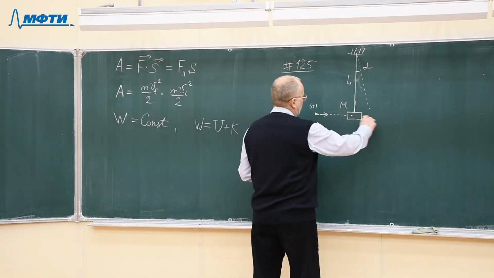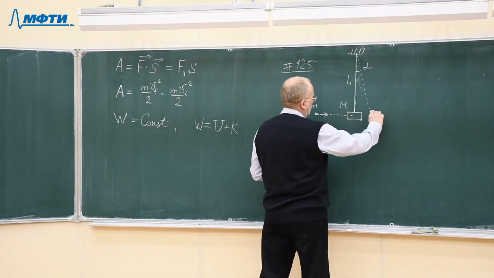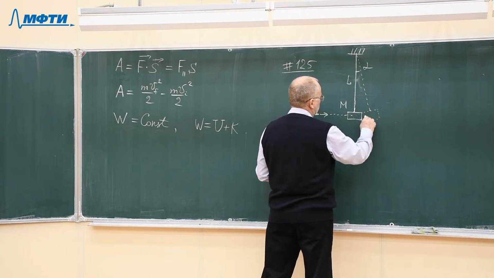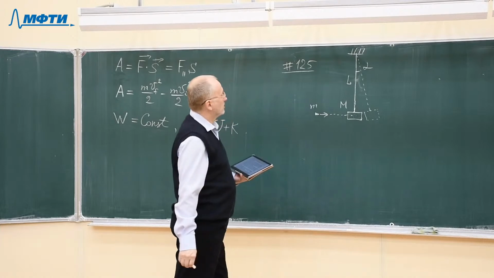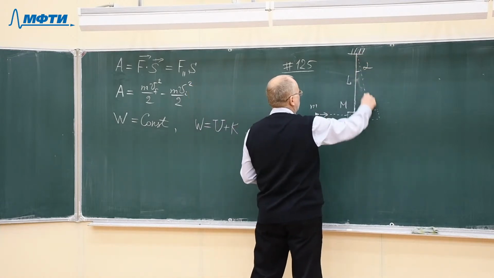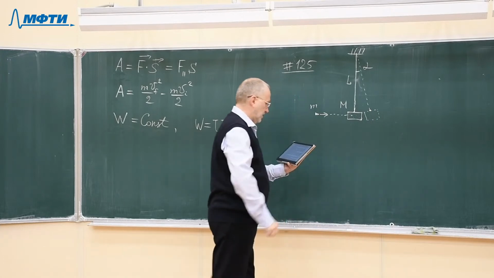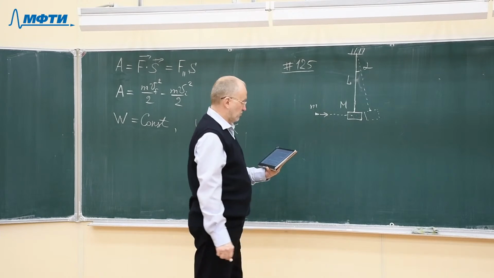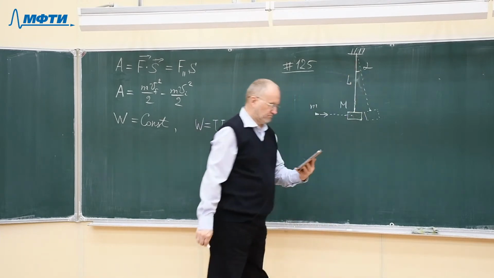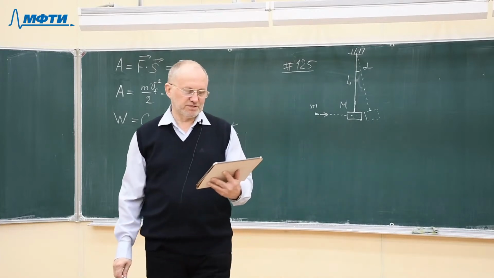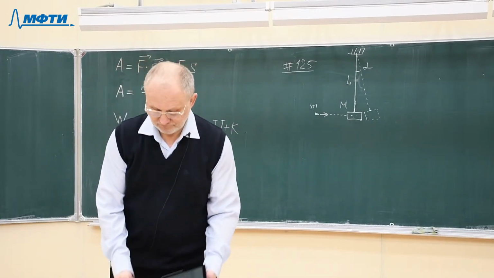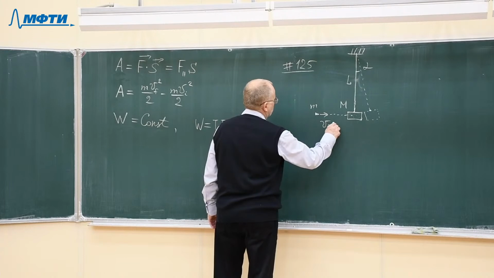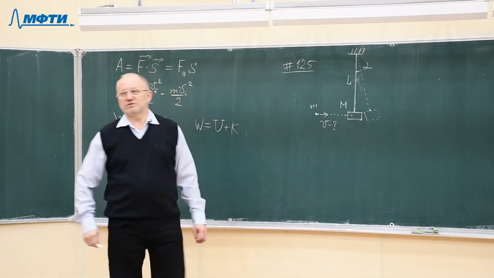And after that, the box starts moving, and it moves to some new position, which is maximum displacement, so that the string is deflected by angle alpha from the vertical, from its initial vertical position. Determine the velocity of the bullet.